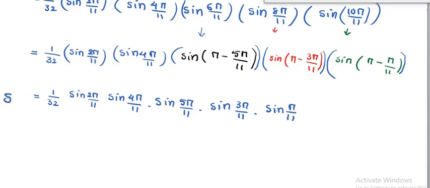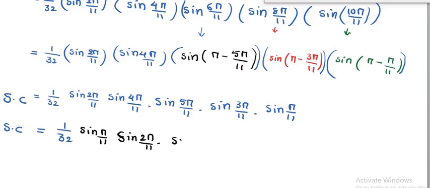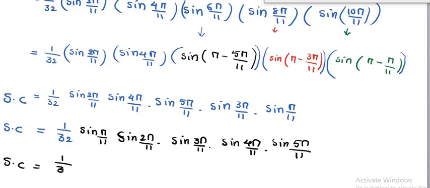This is equal to S into C. Please observe, S into C is equal to 1 by 32 into all these terms, which are referred to as S. Yes, cancel, so finally C is equal to 1 by 32.